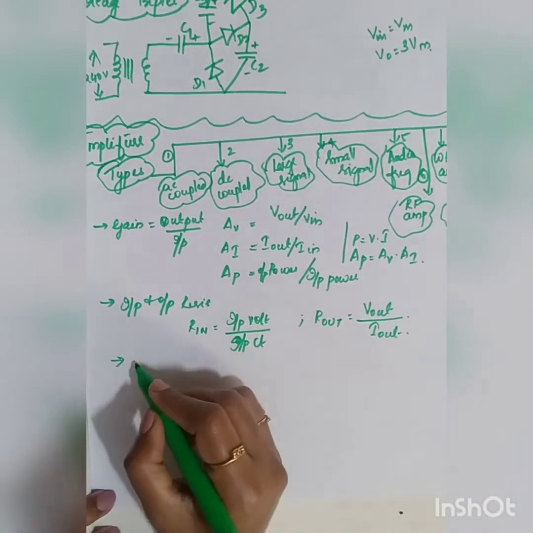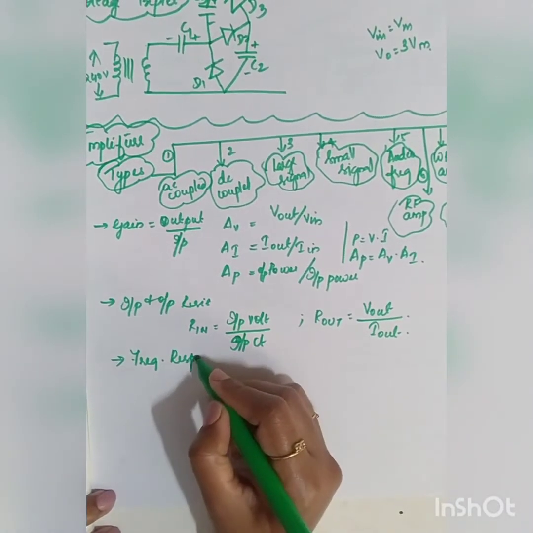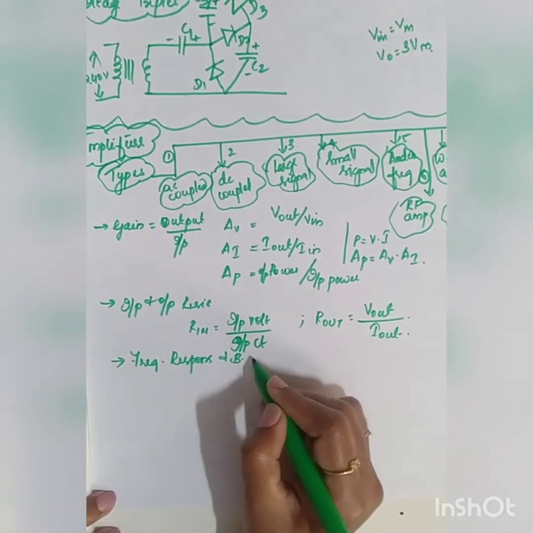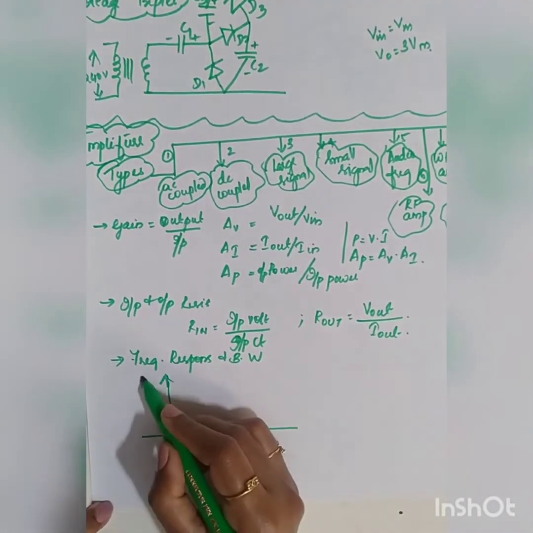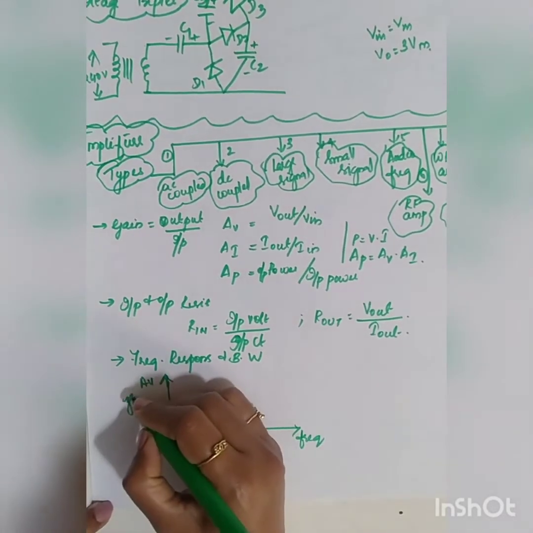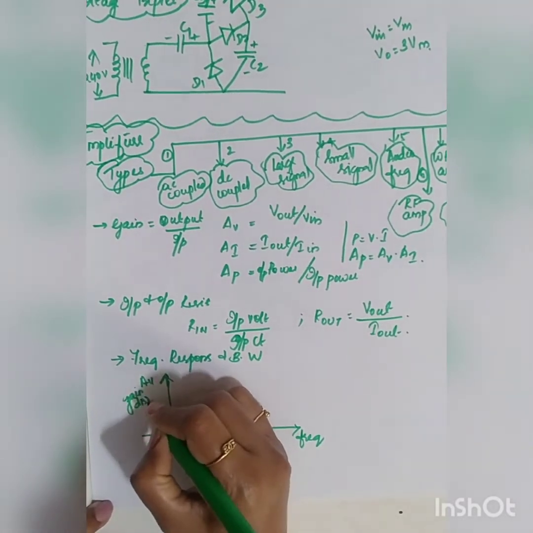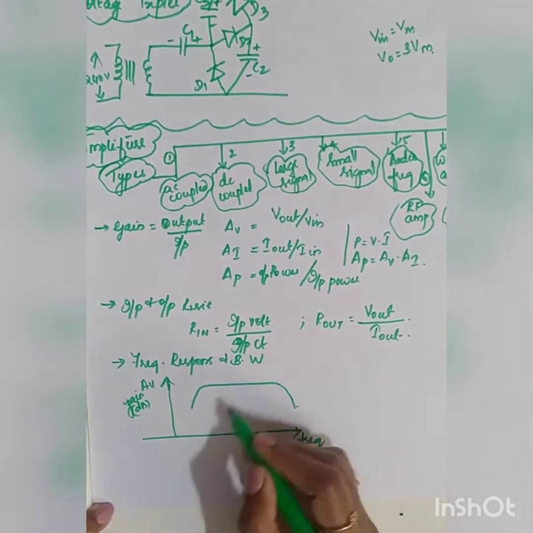Now next one, you had frequency response and bandwidth. So what was your frequency response looking like? You had your frequency response, this is your gain in dB, right? At low frequency and high frequency, your gain decreased, right?